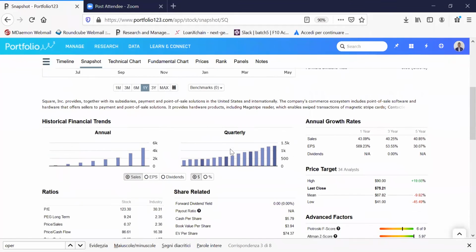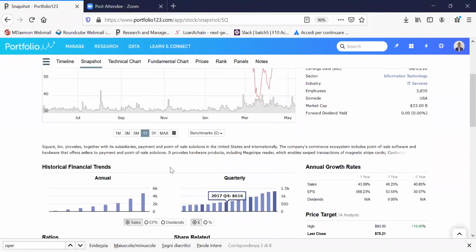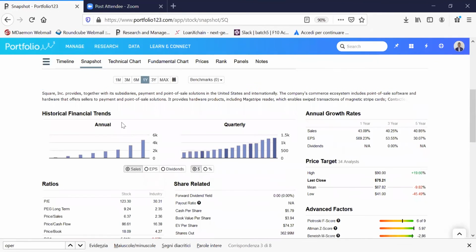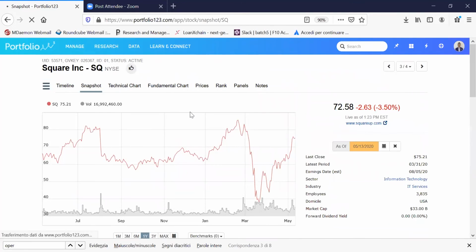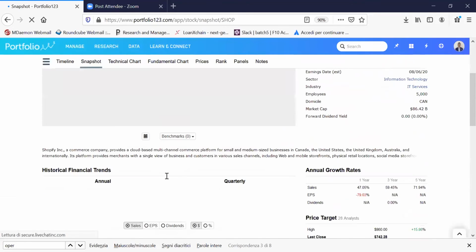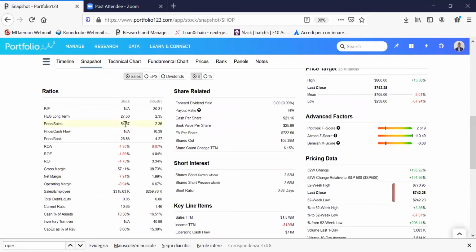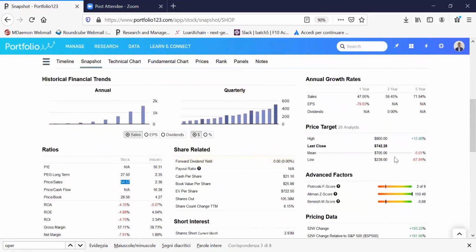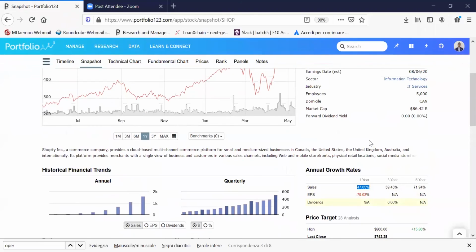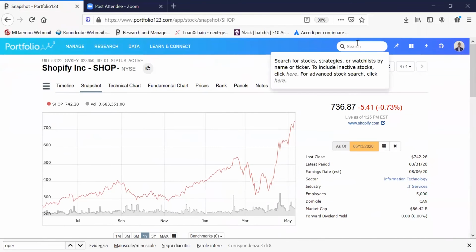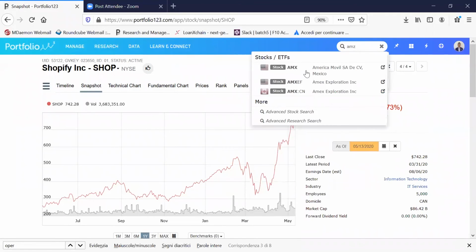And just to give you a sense of what's going on with Shopify, let me get back here. Okay, so price to sales 54. Okay, we have a 40 or 50% sales growth rate. We are going to look at Amazon 10 years ago.